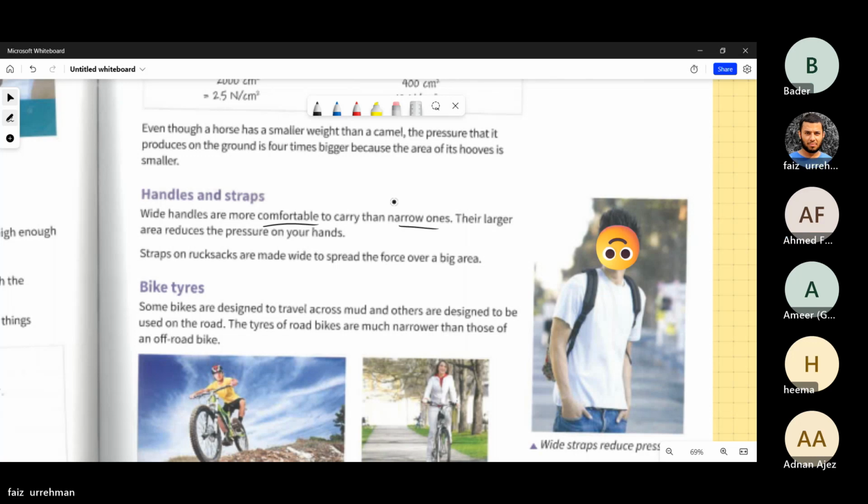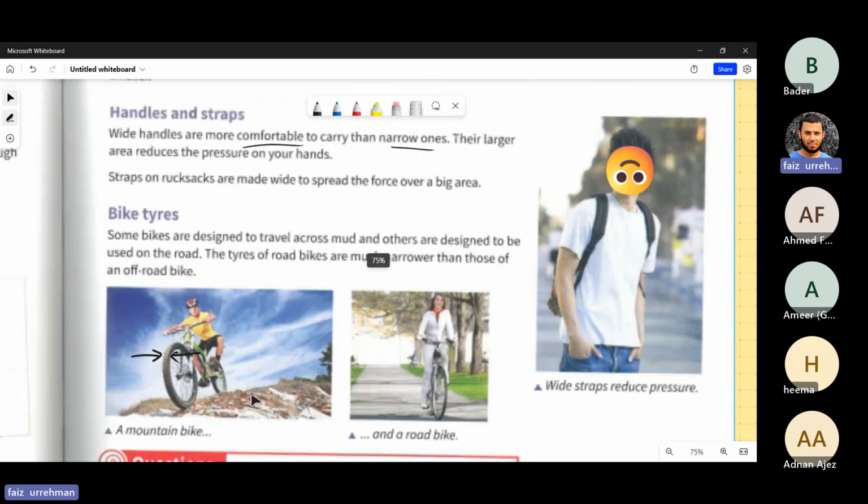Okay. And bike tires, if you have a very thick tire, it will be difficult to ride on the road and you will apply a lot of pressure. But if your cycle has very thin tires, it will be very easy to ride. But the wide tires, where are they useful? In uneven areas, uneven roads, to get more grip.